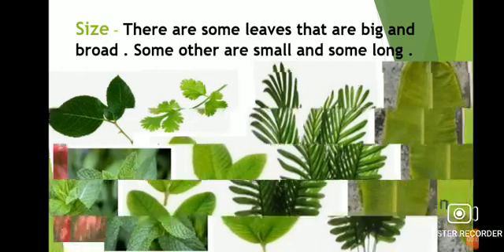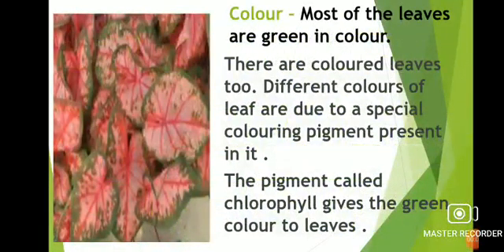Now the next one is color. Most of the leaves are green in color. There are colored leaves too. Different colors of leaf are due to a special coloring pigment present in it. The pigment called chlorophyll gives the green color to leaves.